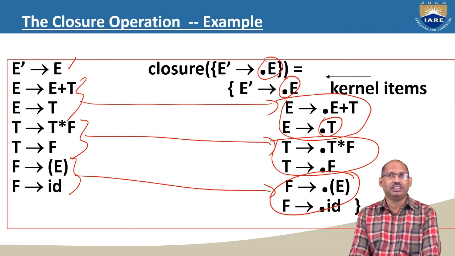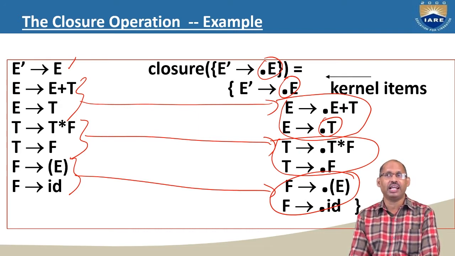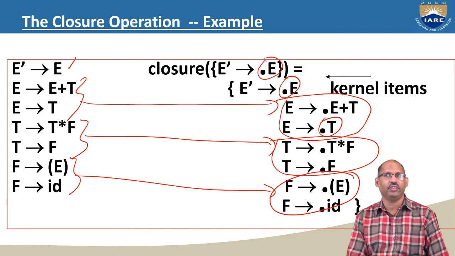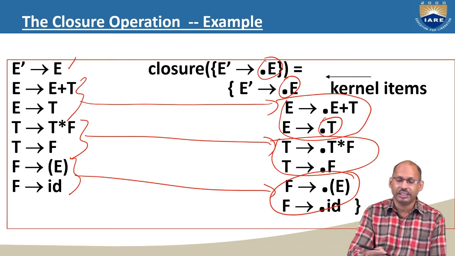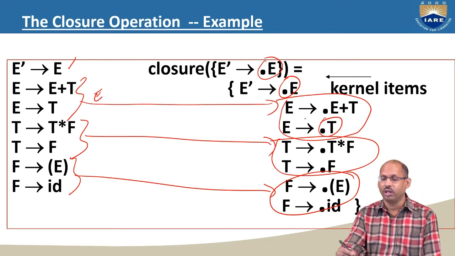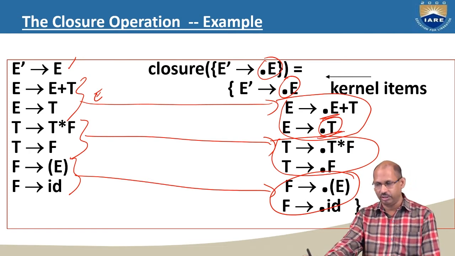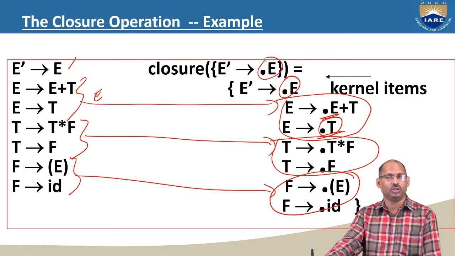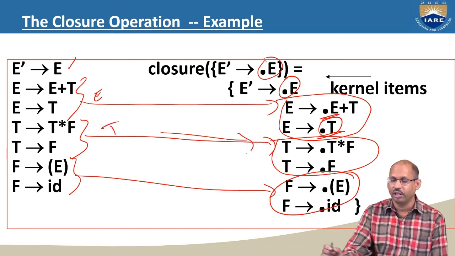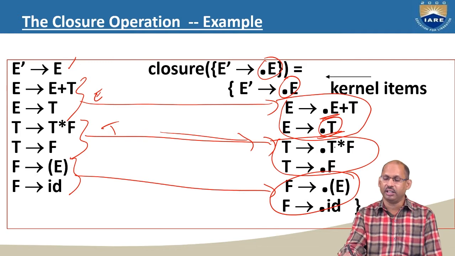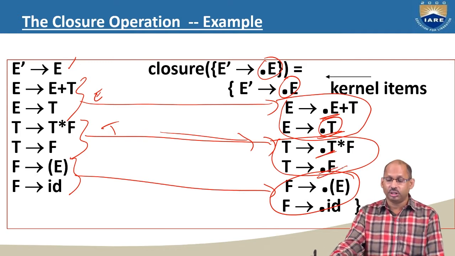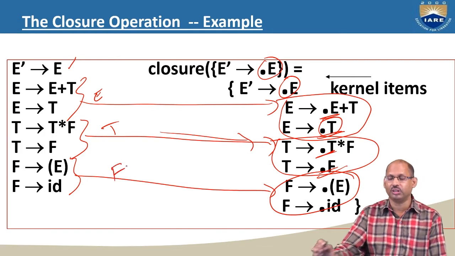The first one is E' gives E, so closure of E' gives dot E. The dot is followed by a variable, E, so add the E productions here: dot E plus T. Then dot T, with the E productions already added, so the dot is followed by T. Add the T productions: dot T into F. Dot T is already done, so we consider dot F, and add the F productions to the closure.